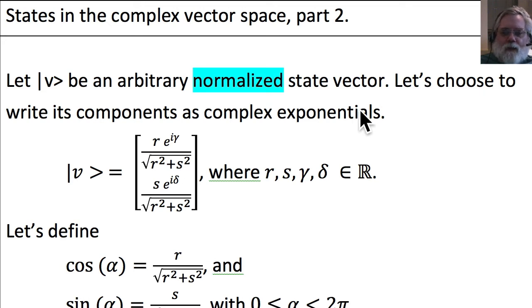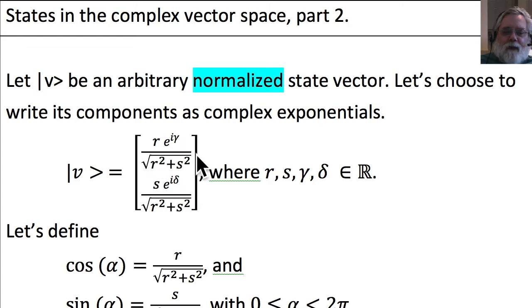You can write any complex number as a complex exponential, so that's fine. So the first component, we're going to have be r e to the i gamma, where r is a real number and gamma is a real number.